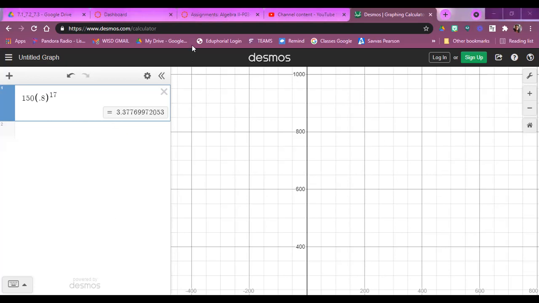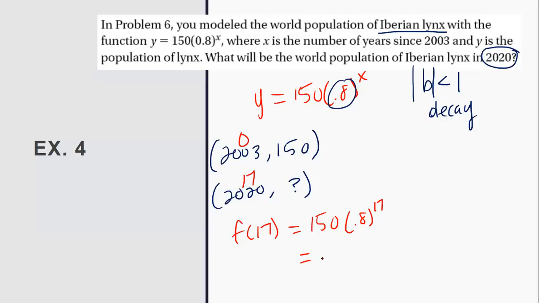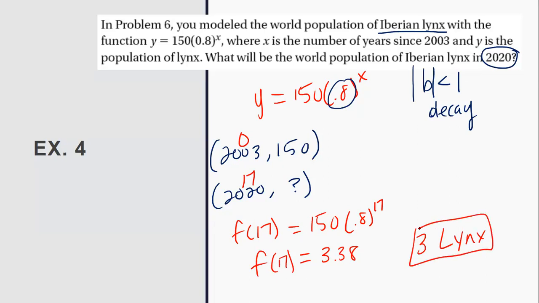You can't have a fraction of a lynx. So f of 17 equals about 3 and 3800ths. However, because these are animals, according to this, there would be only 3 lynx left with how they are declining in population.